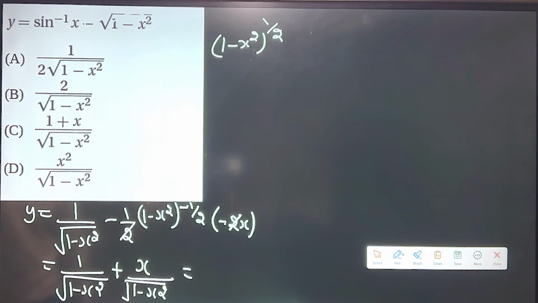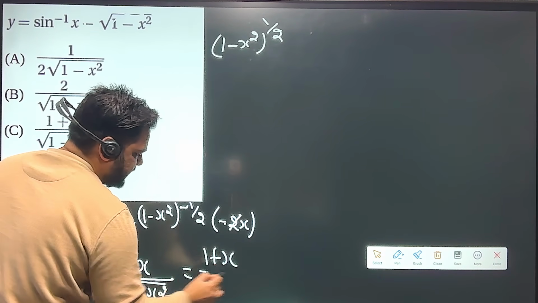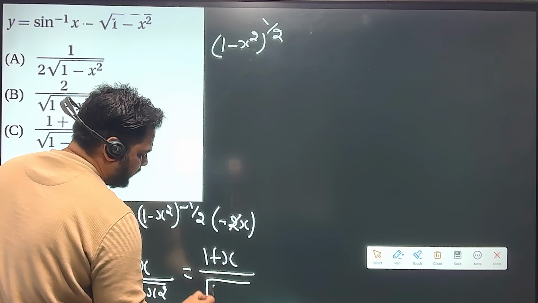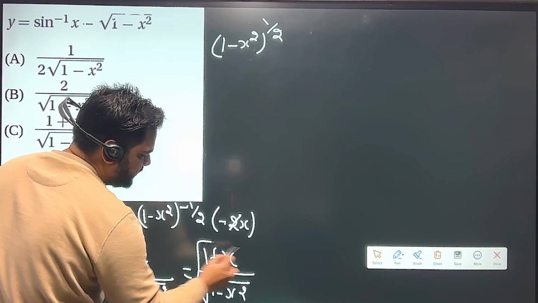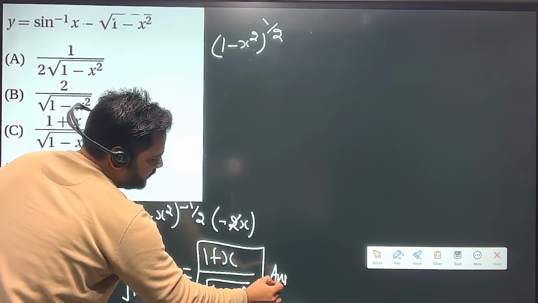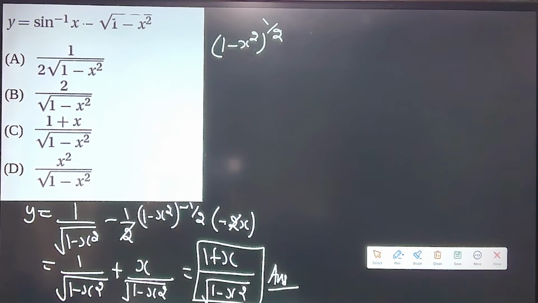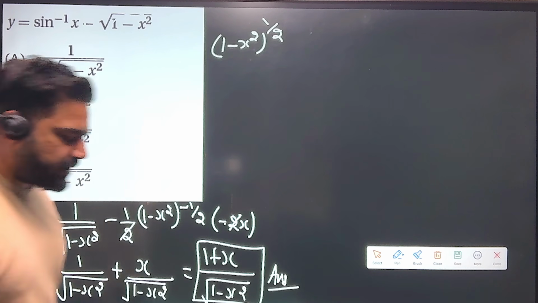So if you take the LCM, the answer will be 1 plus x upon under root 1 minus x square. This is the answer. So you can solve these types of questions also by using a simple method. No issue, just the simple method we can tell the answer.